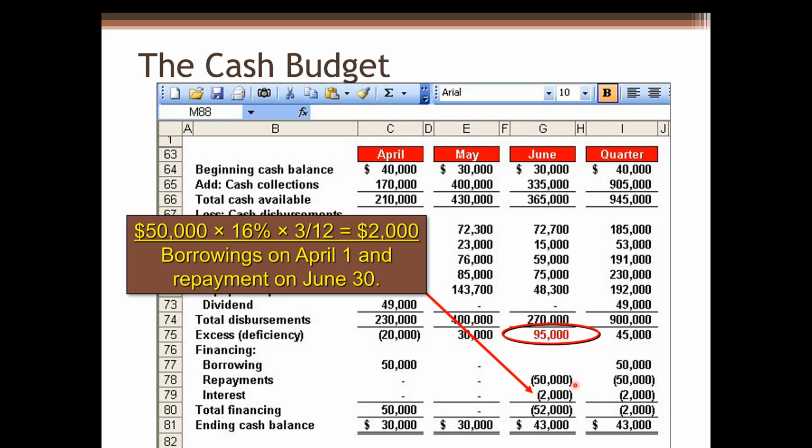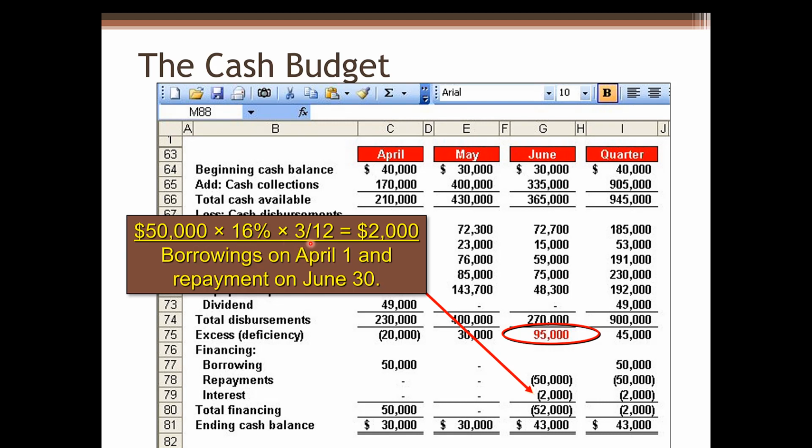For the open line of credit, the interest rate is 16%. Again, 16% is the annual interest rate. At the end of the quarter, the company has accrued 3 months of interest expense. We can calculate it as principal multiplied by annual interest rate multiplied by time period. This is the formula to calculate simple interest expense. So here, $50,000 principal multiplied by the annual interest rate.